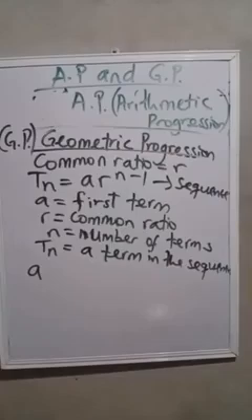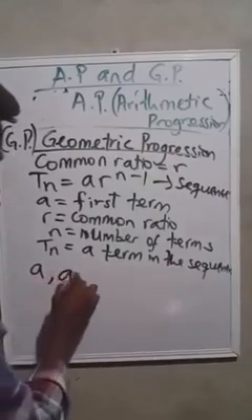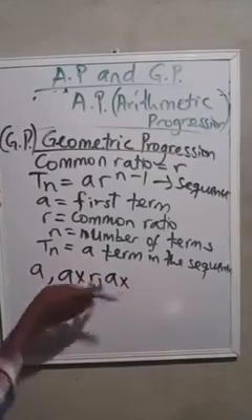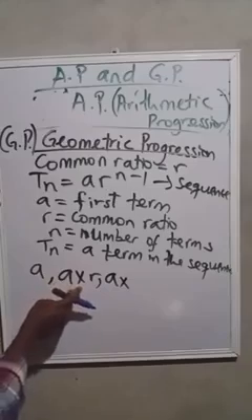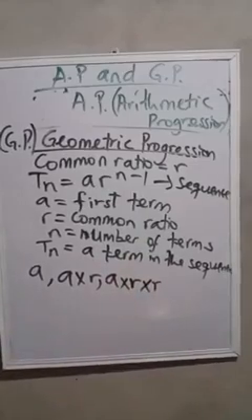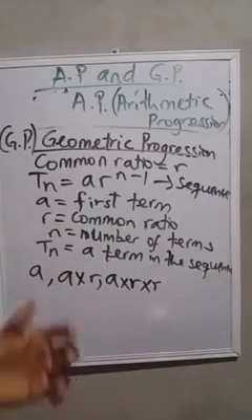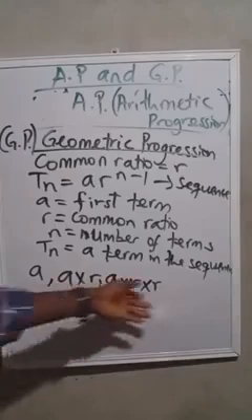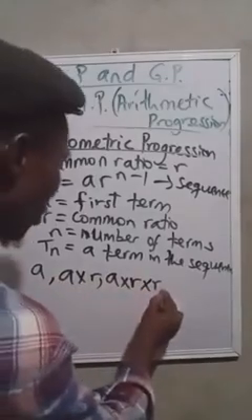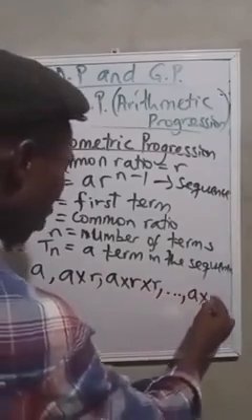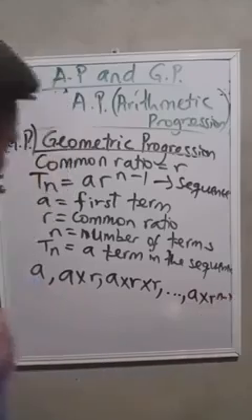So the next term is going to be A times R. The next one, you multiply the second term by another common ratio, because to get the following term, you multiply by the common ratio. That is how to get each term that follows. Then we get to a point whereby we now have A times R^(n-1).